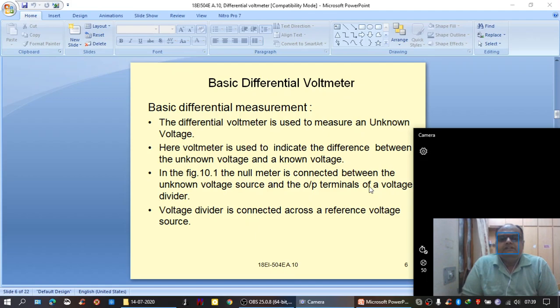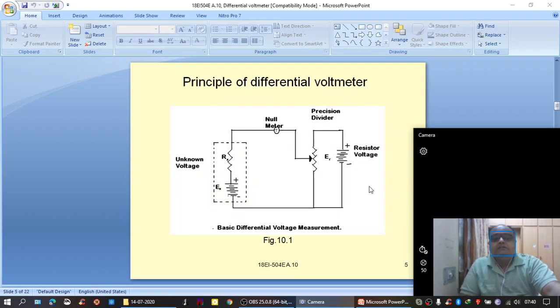In the figure of the differential voltmeter, the null meter is connected between the unknown voltage source and the output terminals of a voltage divider. The voltage divider is connected across a reference voltage source. In this particular example, it is given as ER.